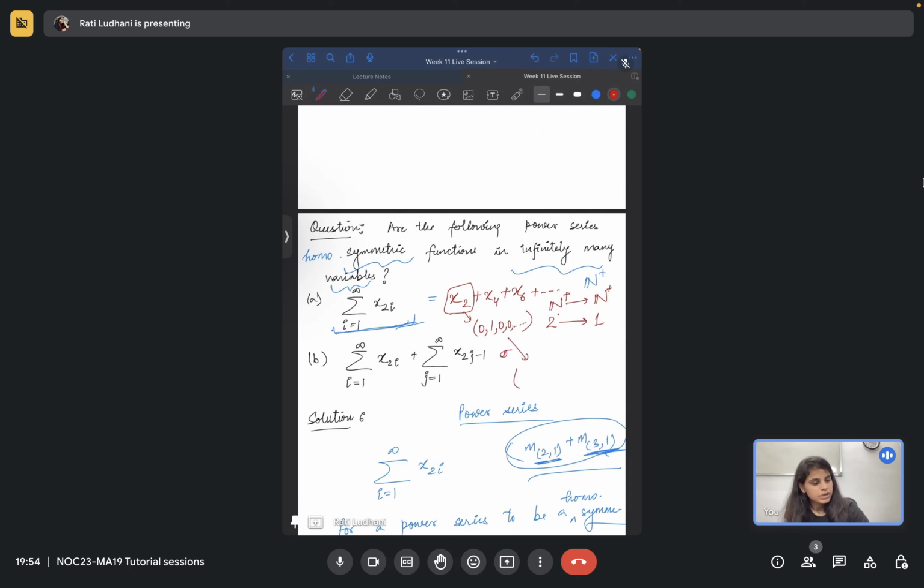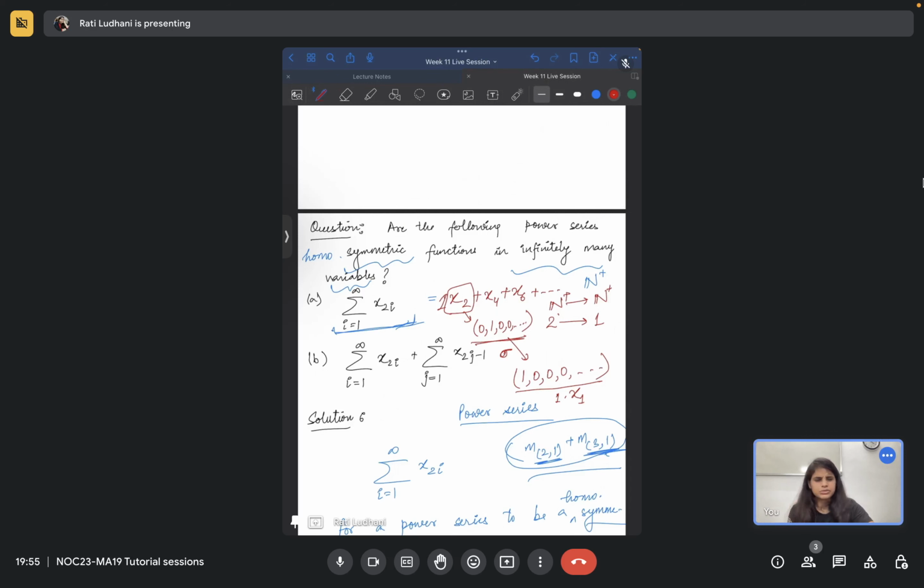When you apply sigma, you can have 1 0 0 0. Then the coefficient should be the same, and the coefficient for this is 1, so you must have 1 times x1, but that is not here, right? So you should have all the permutations.